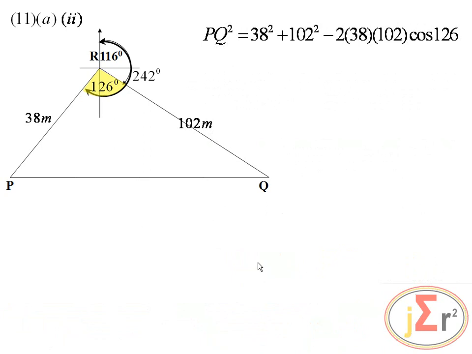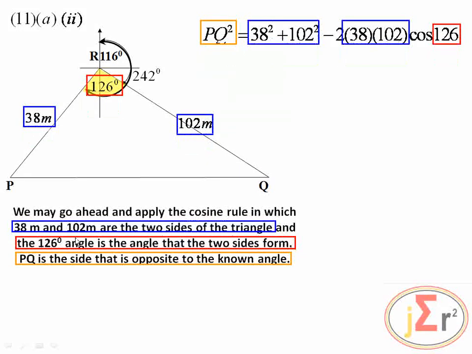There is the application of the cosine rule, in which, as we have them in blue, the two sides that form the angle will be here and will be here also. The angle that the two sides form, in red, this is the angle the two sides form.